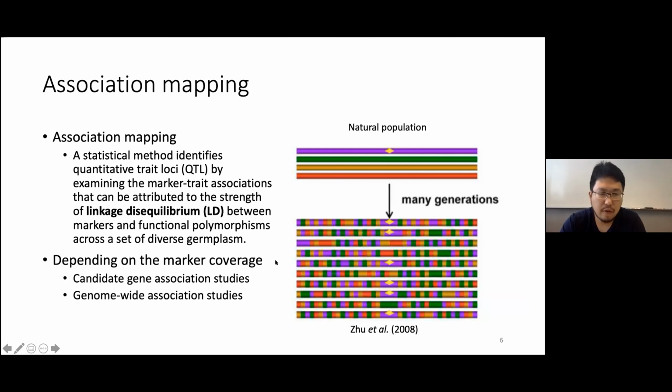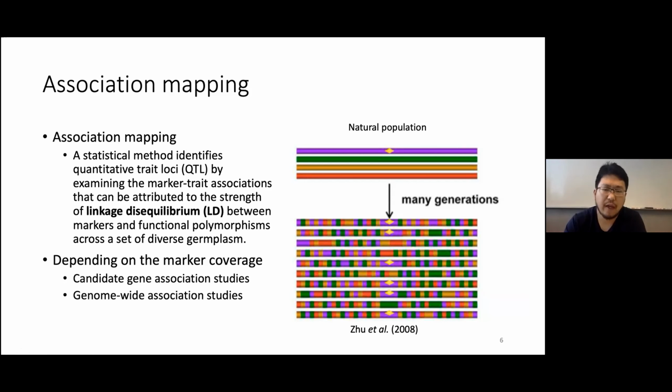The complementary method of linkage mapping is association mapping. This is a statistical method that identifies QTL by examining marker and trait associations that can be attributed to the strength of linkage disequilibrium, or LD, between the markers and the functional markers in the population.